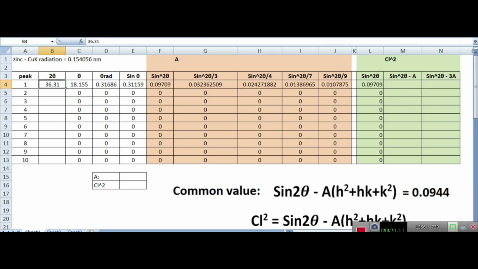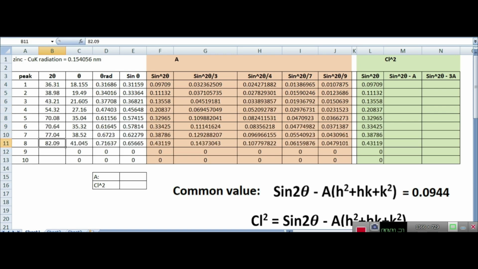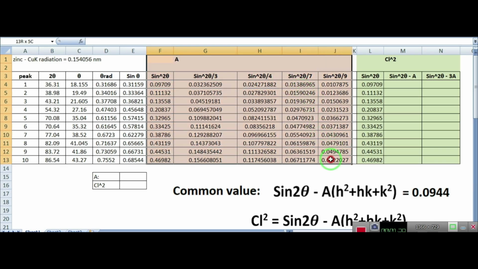So the first peak position 36.31, next peak, third one, fourth one, fifth, sixth, 7, 8, 9, 10. If we look for a particular value in these 4 or 5 columns, here you can see 0.1113.